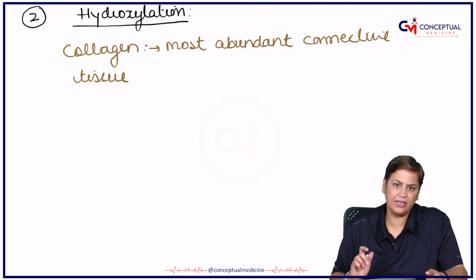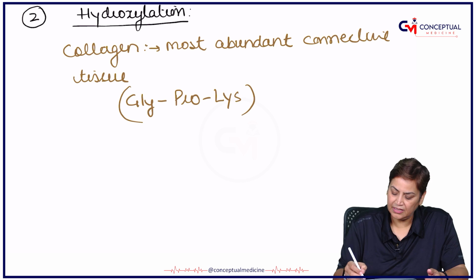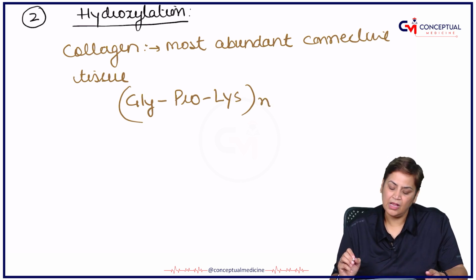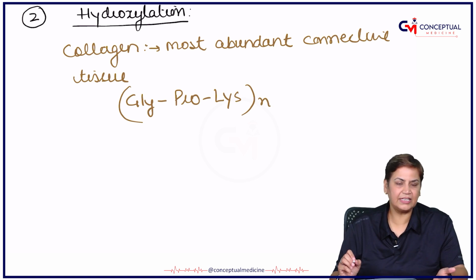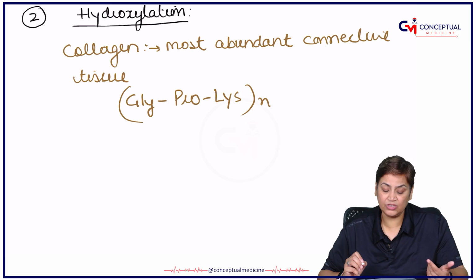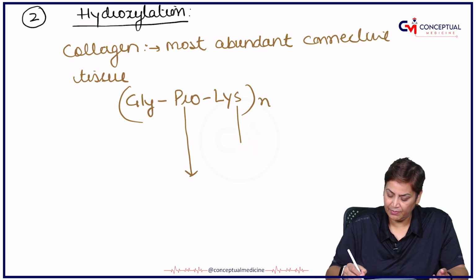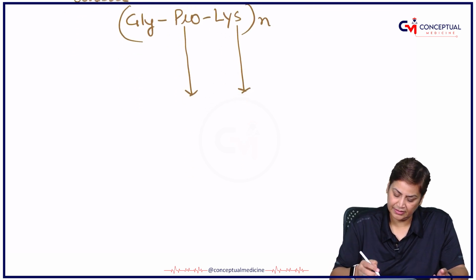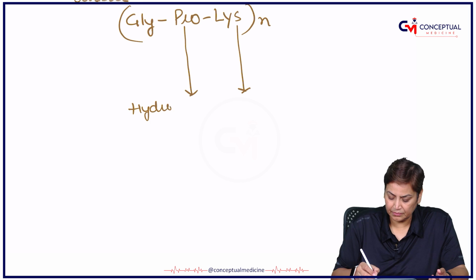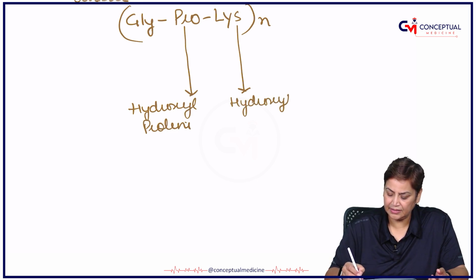It has repeats of glycine, proline and lysine. Once it is synthesized, whenever it has to perform a function, it needs to be hydroxylated. That means proline will be converted into hydroxyproline and lysine will be converted into hydroxylysine.